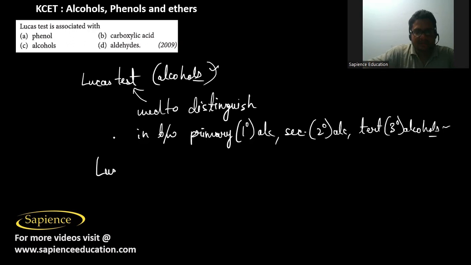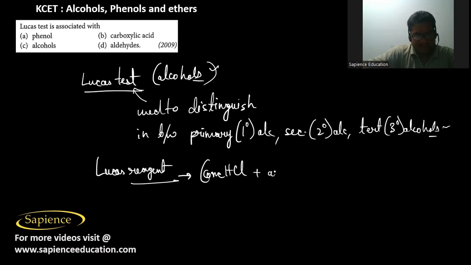In the Lucas test for alcohols, the Lucas reagent is used, which is concentrated HCl and anhydrous zinc chloride.